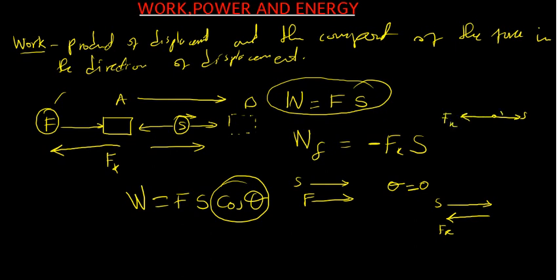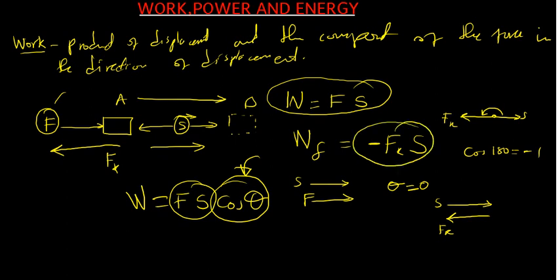So this is making an angle of 180 degrees, and cos 180 degrees is negative 1. That is why it will be negative 1. Negative 1 multiplied by this gives us negative Fs, which is this formula then. So it all comes from just this very important formula for work.